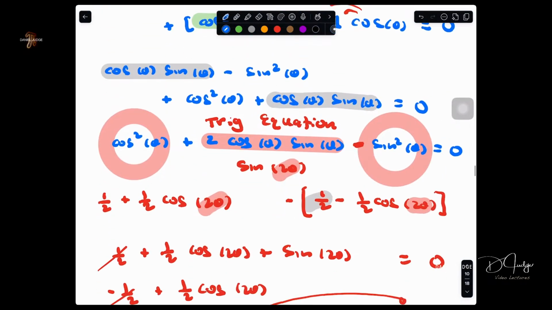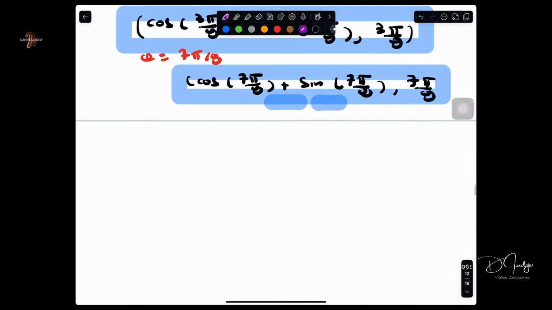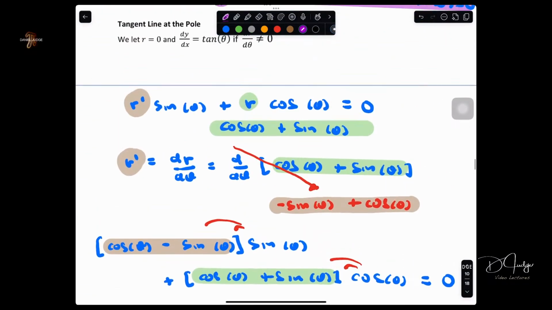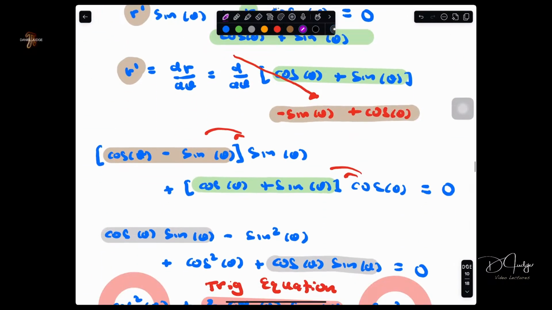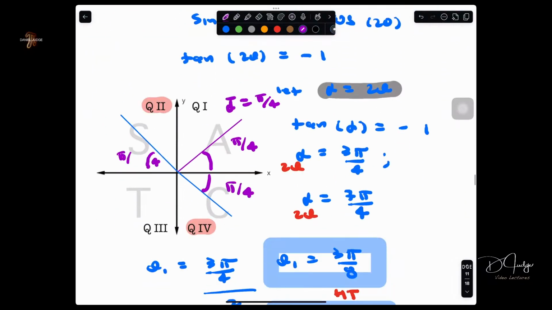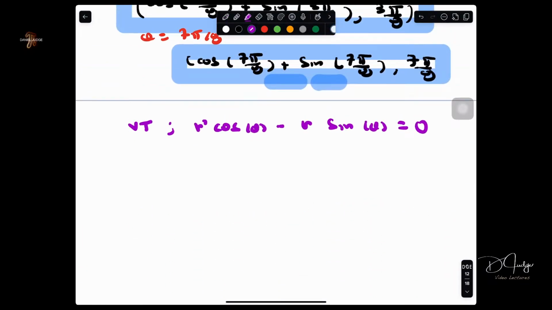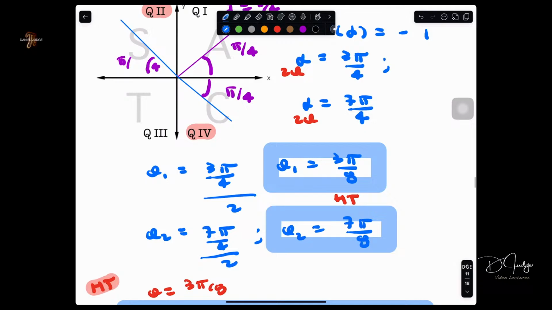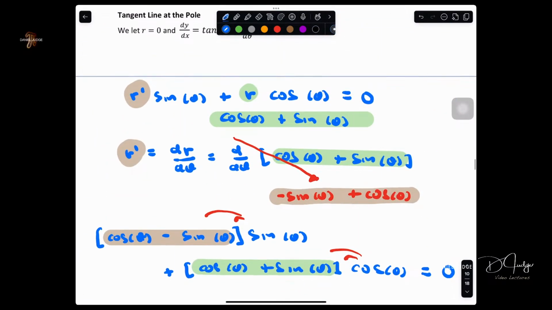So for the vertical tangents, r prime cosine theta minus r sine theta is 0. Go back and double check. Yeah, r prime cosine minus r sine. R is the same r we used, cosine plus sine. So replace your r with cosine plus sine right in here. R prime, and I think we used purple, if I recall. No, gold is cosine minus sine.